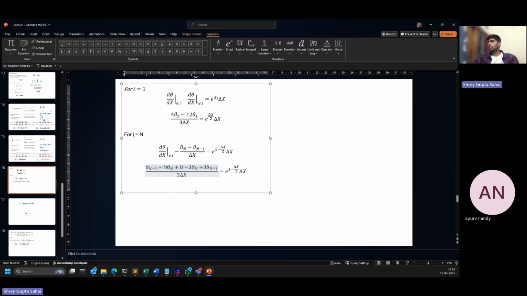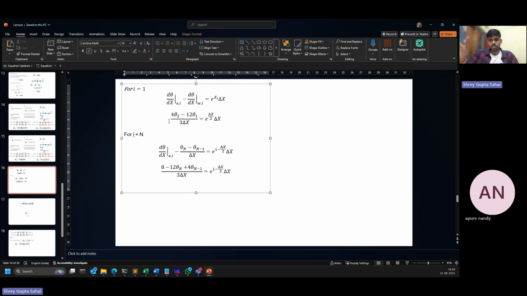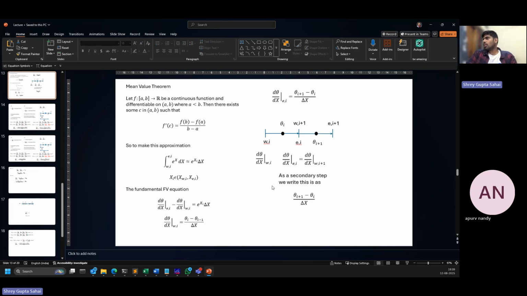So now this becomes 4 and this becomes 12. Okay. So now let me just check. So you get, it's okay, minus theta of n and minus, yeah, good. So these are the two equations we'll get for the boundary volumes. I'm using the word boundary volumes. For the interior volumes, we already have this.